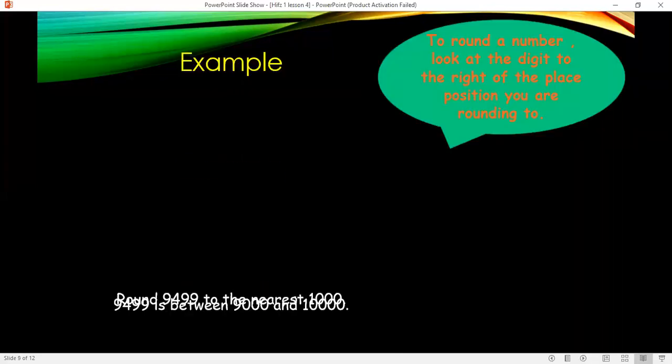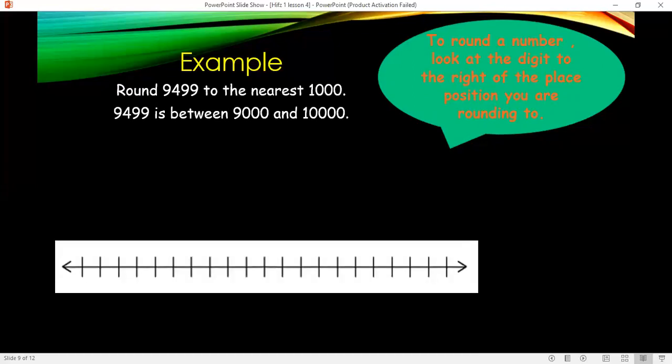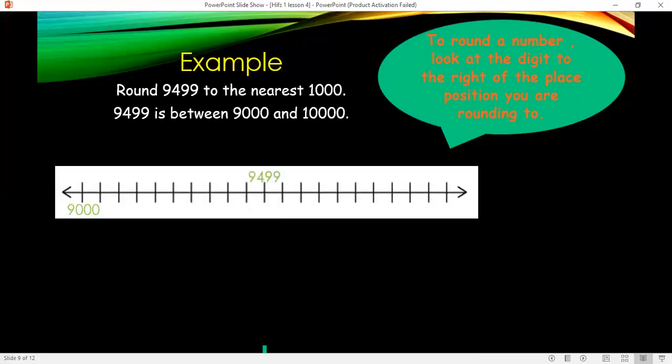Another example, the rule will remain the same. Round off 9,499 to the nearest thousand. Underline the digit on the thousands place, that is 9,000. Next is 4. Circle this 4. That lies between 9,000 and 10,000. When we check this on the number line, this number is closer to 9,000.